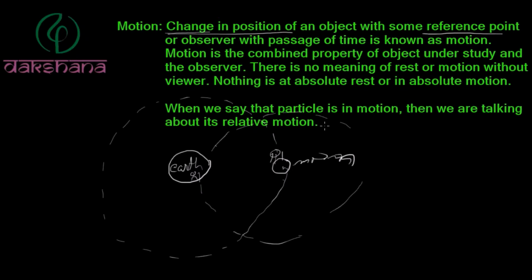So whatever frame is chosen as the reference point, that reference point becomes at rest, and if the object under study changes its position with respect to that frame, then we can surely say that the object is in motion. Let's now describe it in more detail.